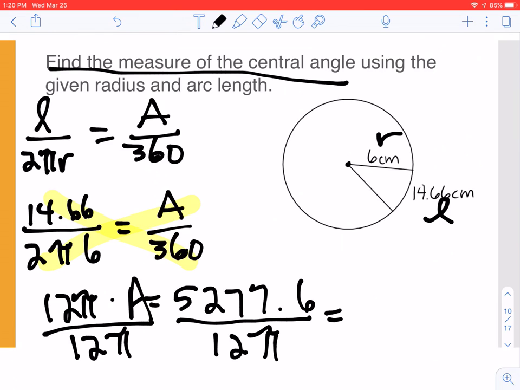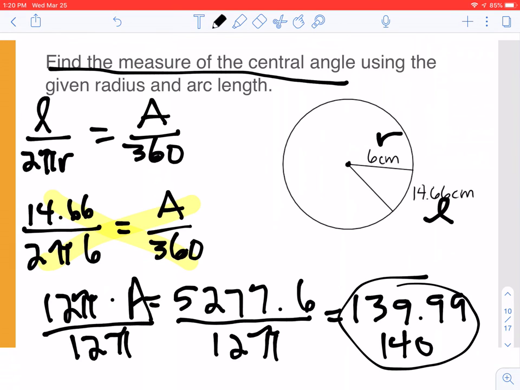Check my answer. I got 139.99. You could round it up to 140 if you wanted to. It's actually 140 degrees, we'll call it.